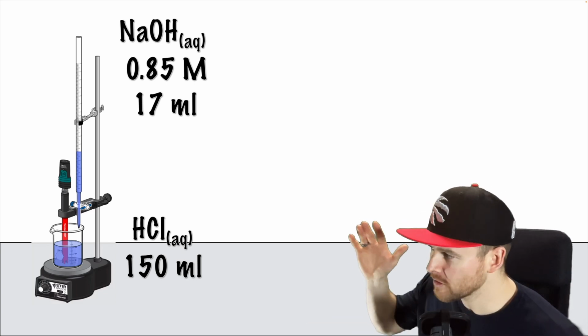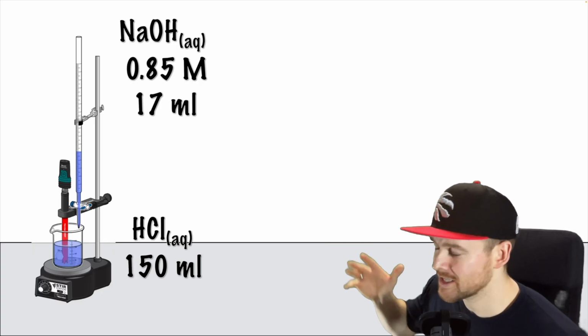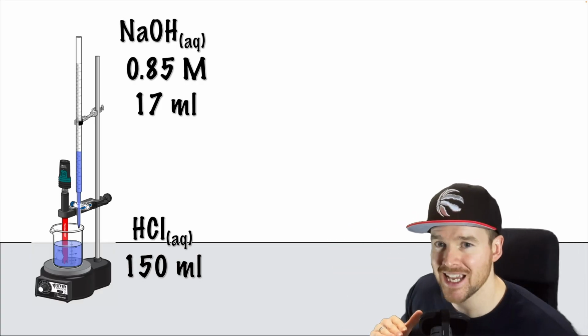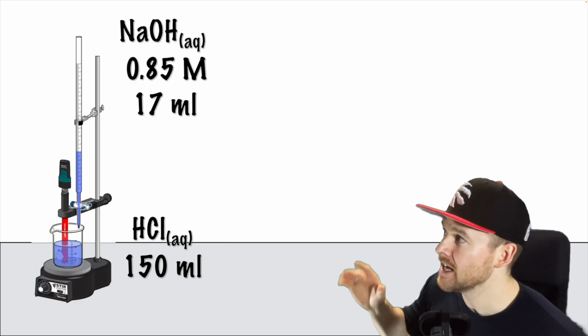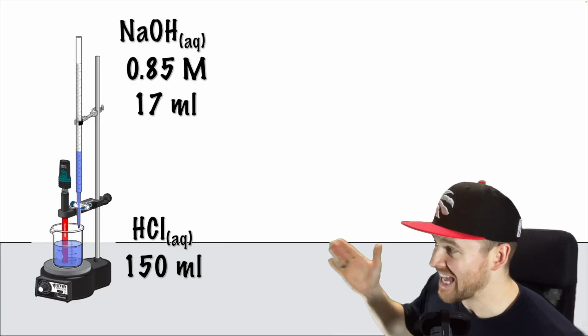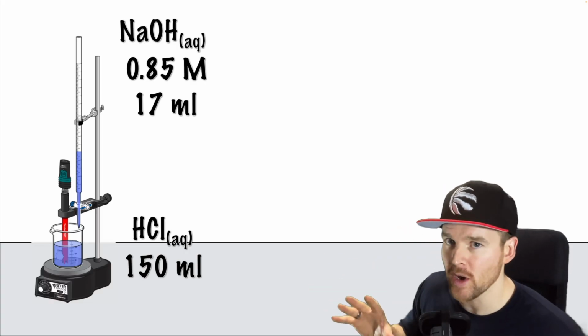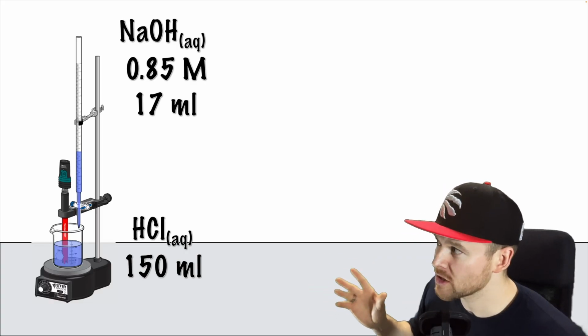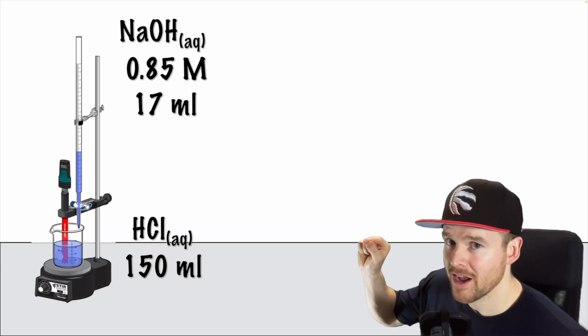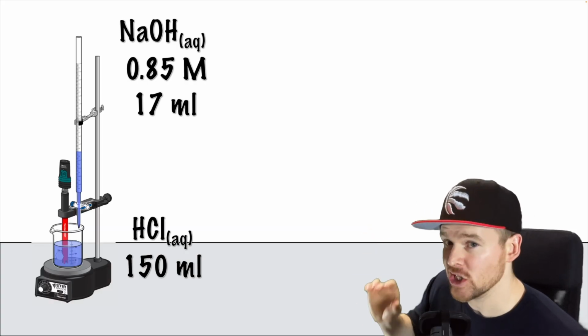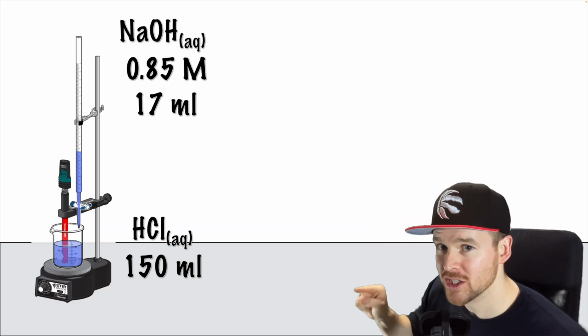Fortunately, because both of these are strong, we have a strong base and a strong acid, they dissociate entirely. Meaning if I had 0.85 moles per liter of NaOH, it completely dissociated into Na+ and OH-. So my concentration of OH- was 0.85 moles per liter. So I can use that to figure out how many OH- dropped in.